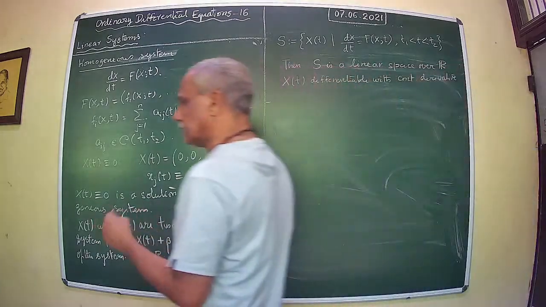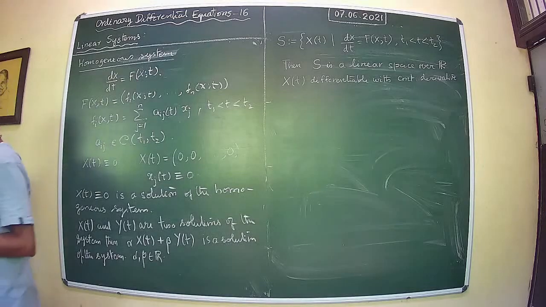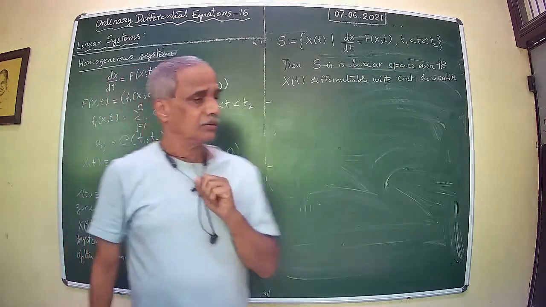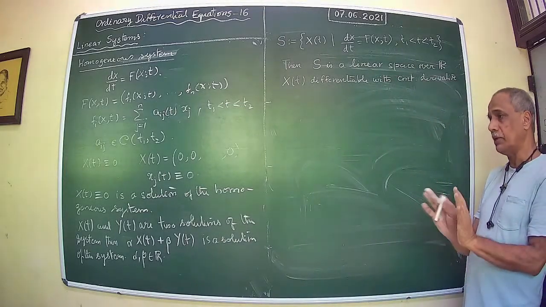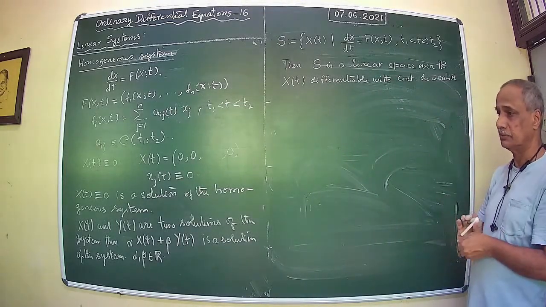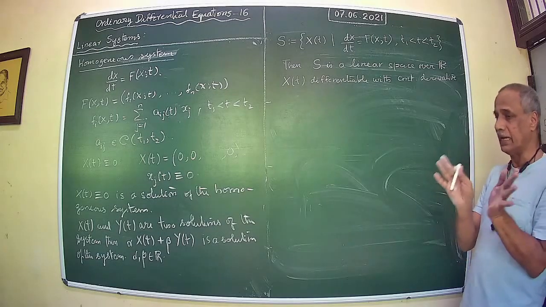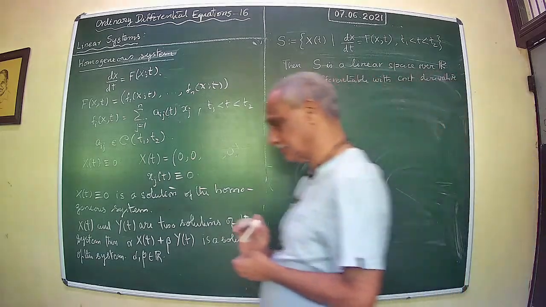Xt differentiable means each component is a differentiable function. That's simple. Then this class of functions forms what you call a vector space. Okay, so some nice structure is emerging.